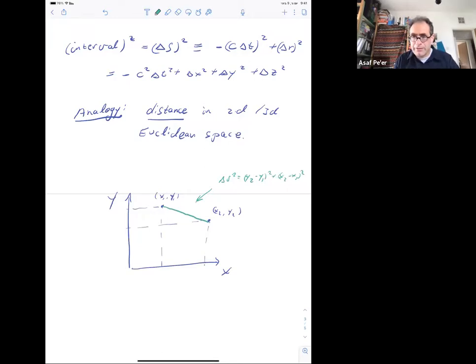Now let's say that there is a different observer whose coordinate frame is rotated relative to me. Right? I had some beers. I'm looking like that a little bit.